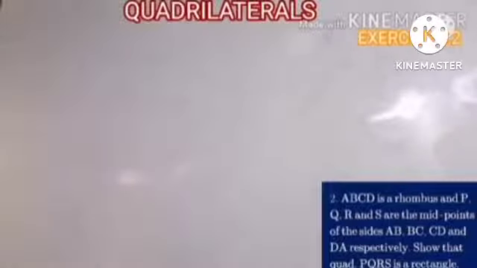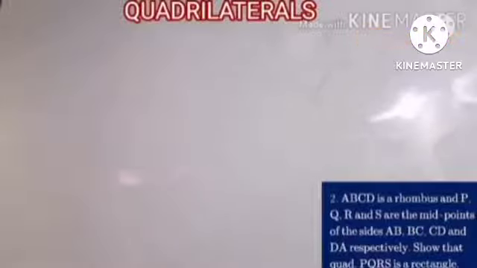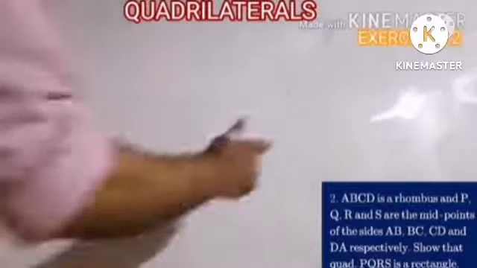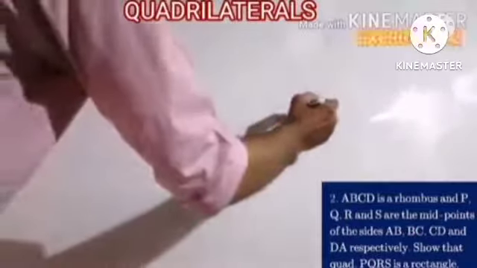Next, 2. ABCD is a rhombus, and P, Q, R, S are the midpoints of sides AB, BC, CD and AD respectively. Show that quadrilateral PQRS is a rectangle. It is given that ABCD is a rhombus.